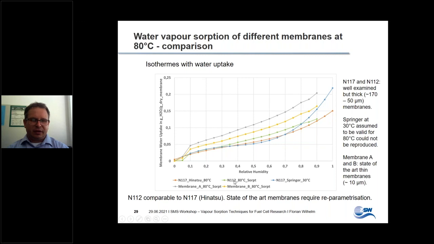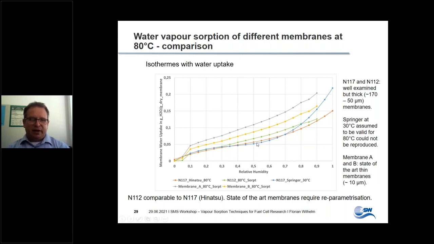And in comparison to this, the curves we measured, N112 at 80 degrees Celsius, and 2 other membranes, we called them membrane A and B, also measured at 80 degrees Celsius. Membrane A and B are really state-of-the-art as of today, so thin automotive membranes as would be used in automotive fuel cell applications today.